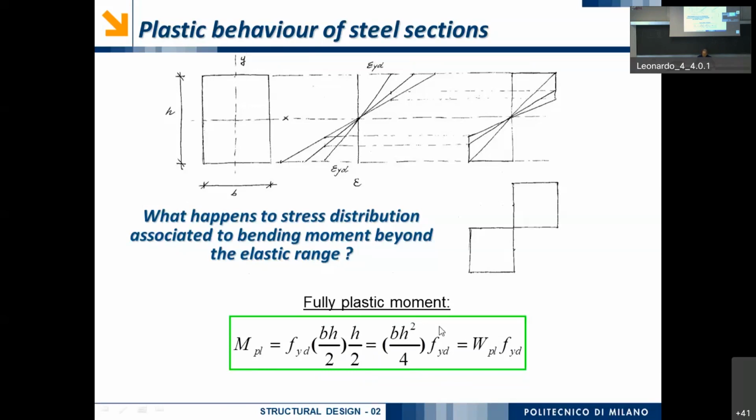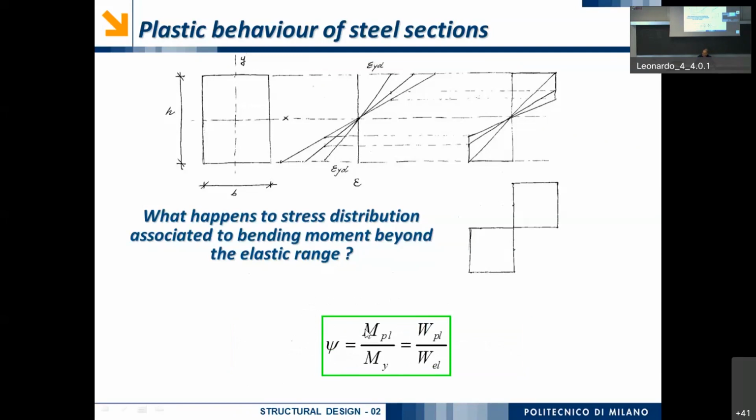So this coefficient, b h squared over 4, is called WPL, okay? And the corresponding bending moment, MPL, is called the fully plastic moment. Of course, the gain of the cross-section by going from the elastic range to the plastic range is given by the ratio between the fully plastic moment and the yielding bending moment.